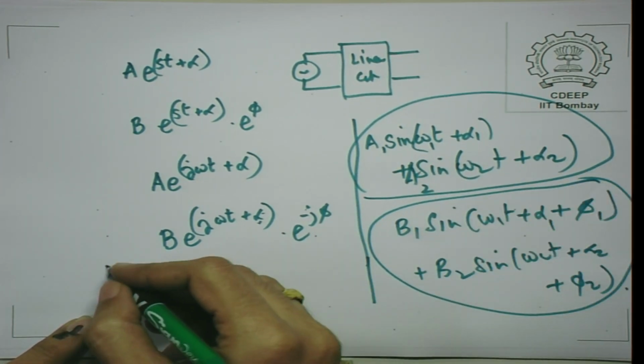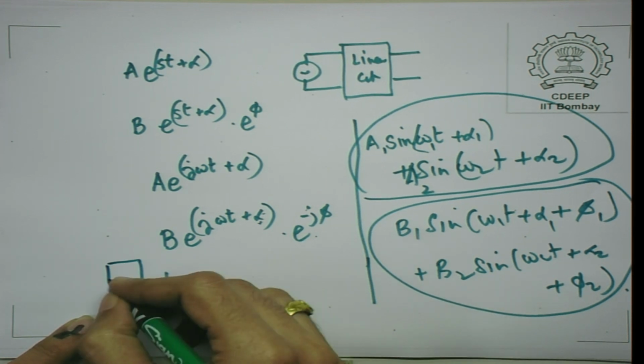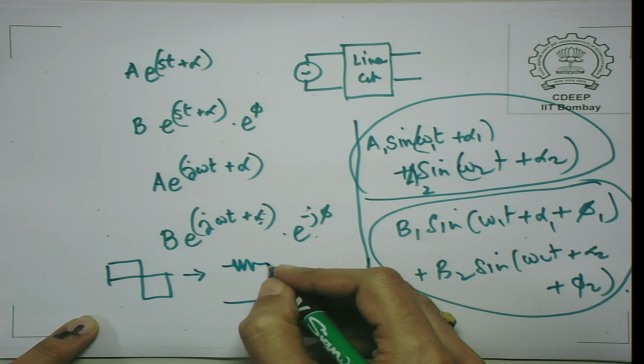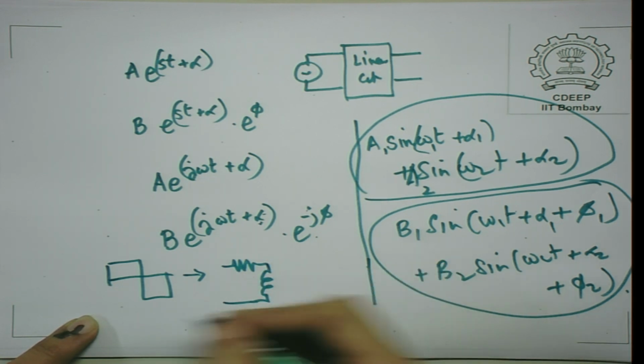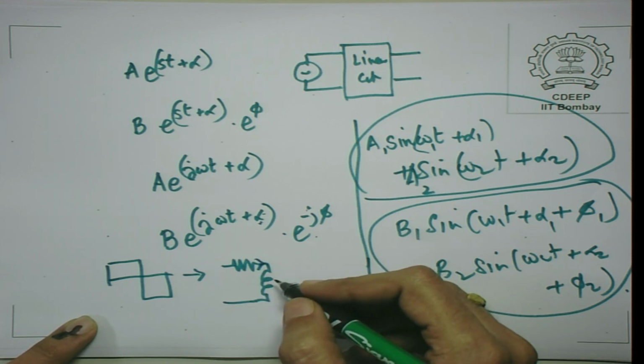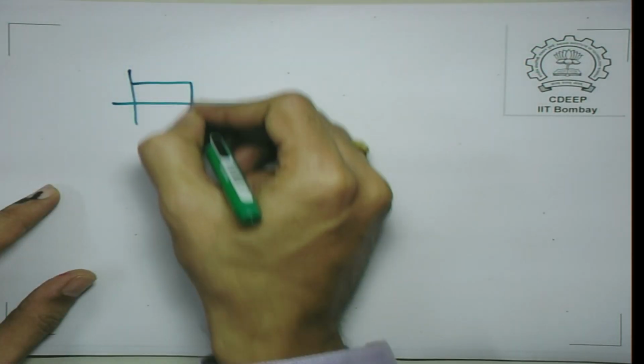For example, you can give a square wave to an RL circuit as a voltage input, and the current may actually look different. In fact, the current, depending on the RL value, will look different. For example, let us take a 50 hertz square wave.